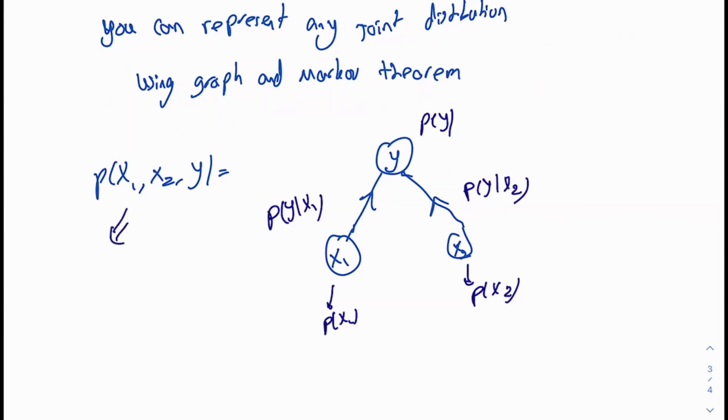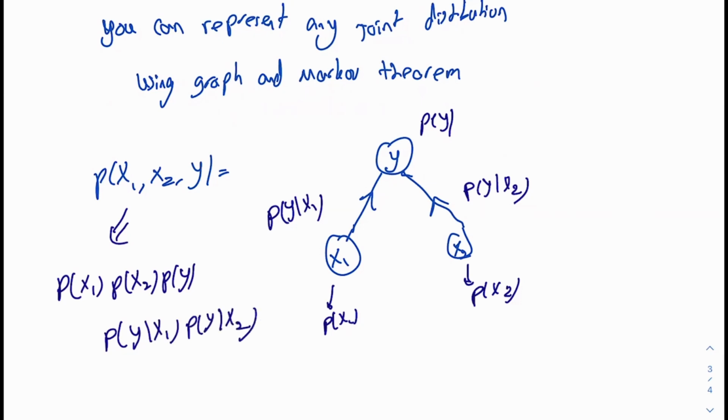And if you want to write the joint distribution based on this graph, it's going to be P of x1, P of x2, P of y, probability of y given x1, probability of y given x2, right? So you can represent any joint distribution using graphs.